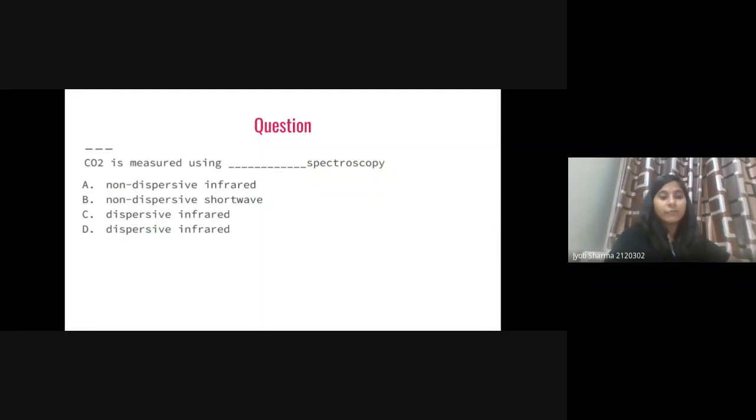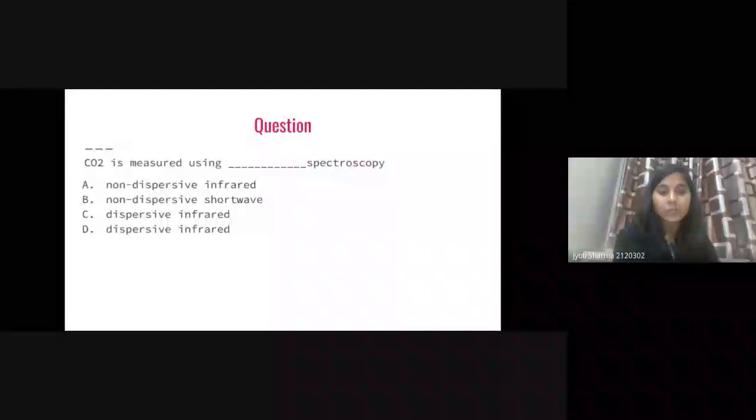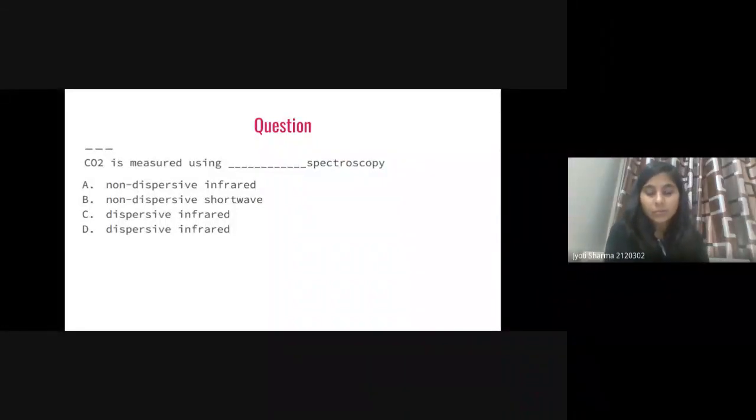Okay, so we have one methodology, non-dispersive infrared spectroscopy, that we use for carbon dioxide. Non-dispersive means we are using a prism or something like that, so that the dispersion can't happen. That's the first thing. Second, we use infrared radiation.